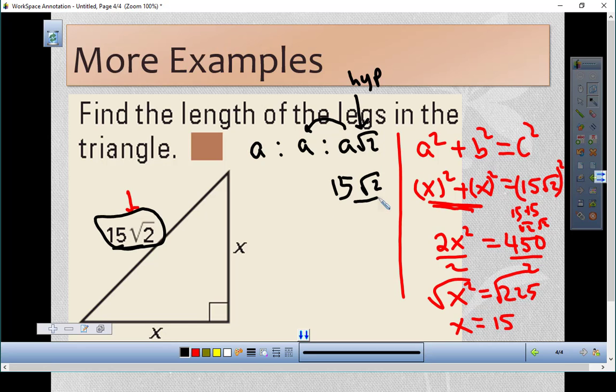So all you need to do is divide this by the square root of 2, and those cancel. And so this number here would be 15. So this would be 15, and this would be 15 square root 2. Make sense? You sure?